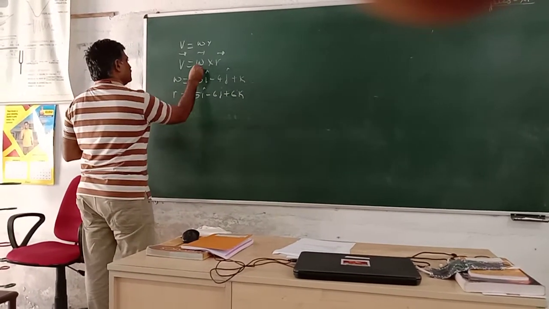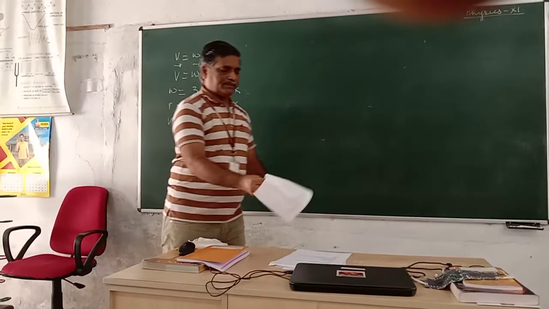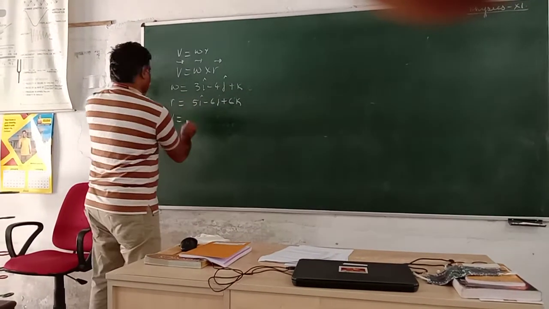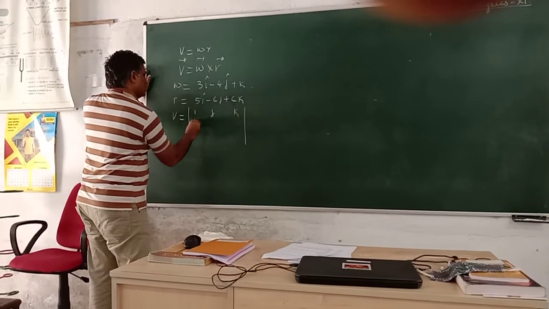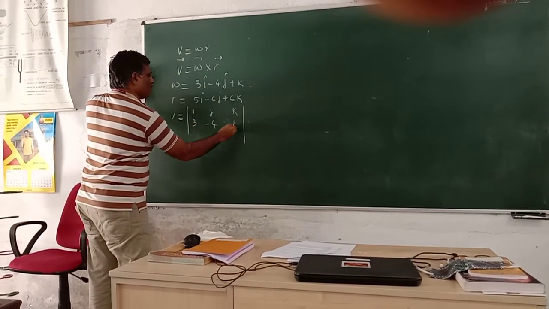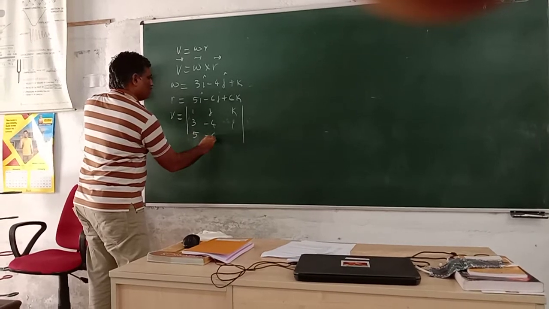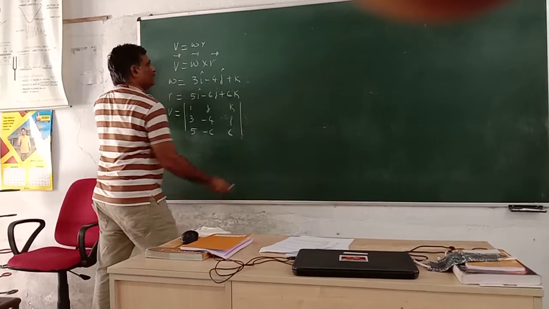V is omega cross r. So V is equal to the determinant of i j k, 3 minus 4 1, 5 minus 6 6.